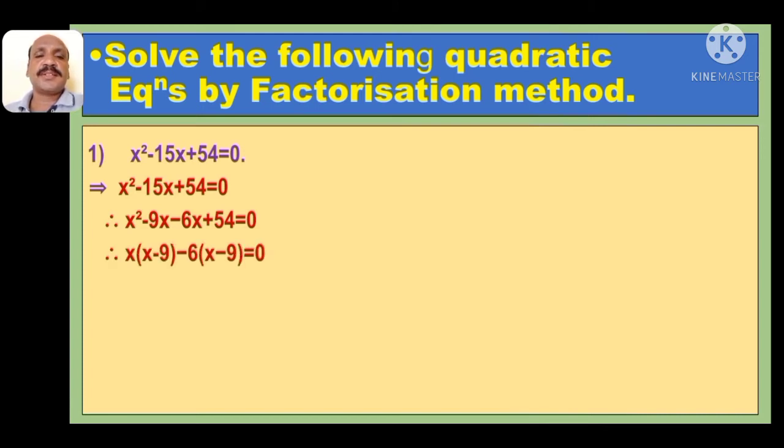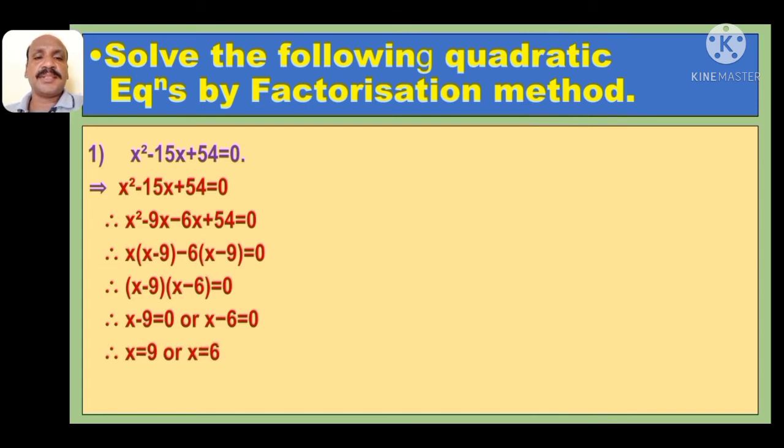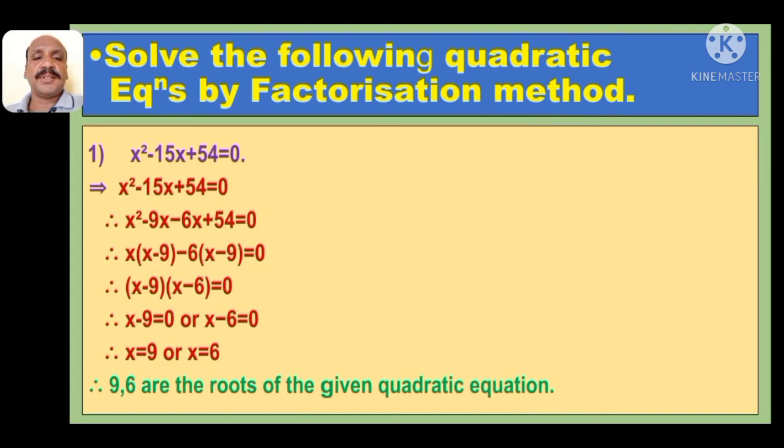Here x common, x into x minus 9 minus 6 into x minus 9 is equal to 0. Therefore, x minus 9 into x minus 6 is equal to 0. That means x minus 9 is equal to 0 or x minus 6 is equal to 0. Therefore, x is equal to 9 or x is equal to 6. Therefore, 9 and 6 are the roots of the given quadratic equation.